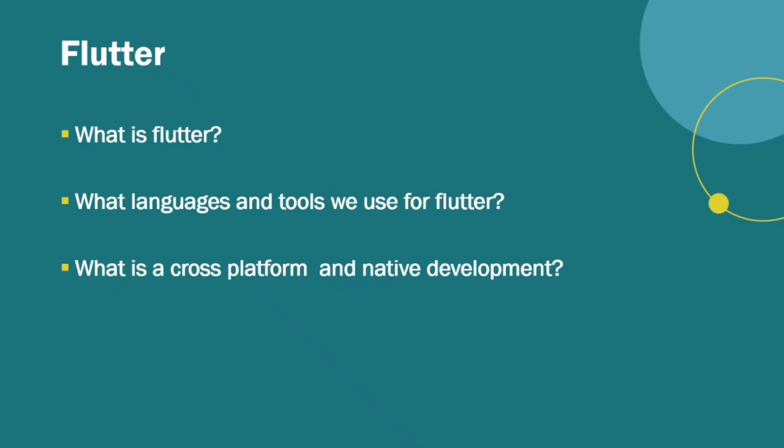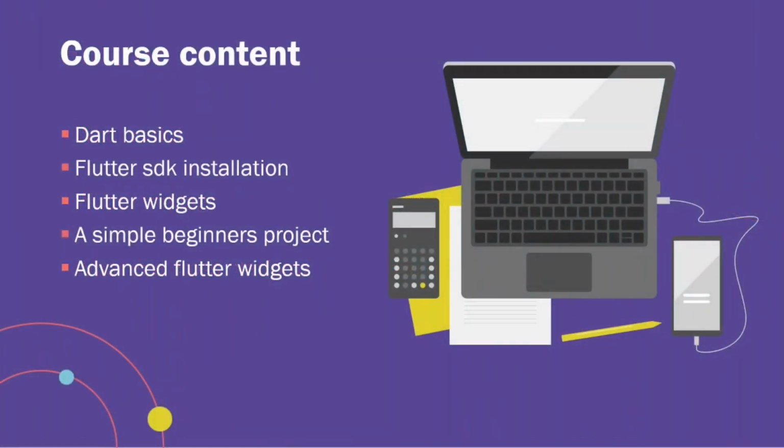So basically, it means that it can run on multiple systems or devices. The native platform is a platform that uses only one programming language, or we can say it can only run on a single platform like Android or iOS. So it means only one platform.